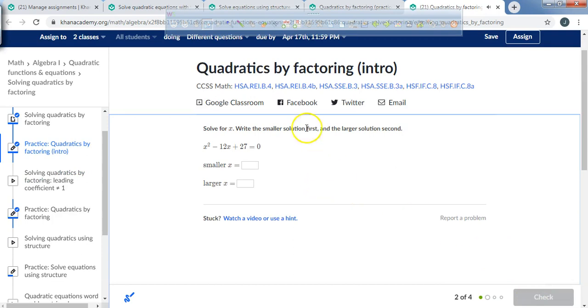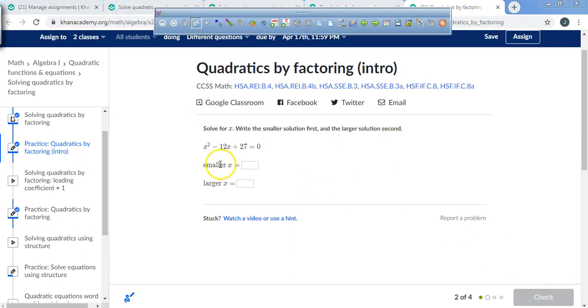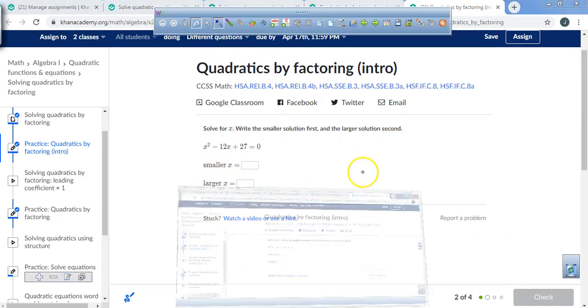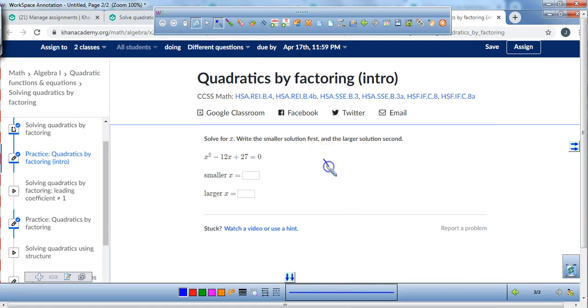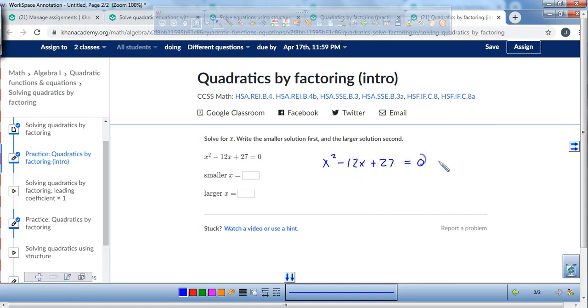Alright, let's take a look at this one. Now this one has a smaller x and a larger x. Right now, go ahead and write down x squared minus 12x plus 27 equals 0.